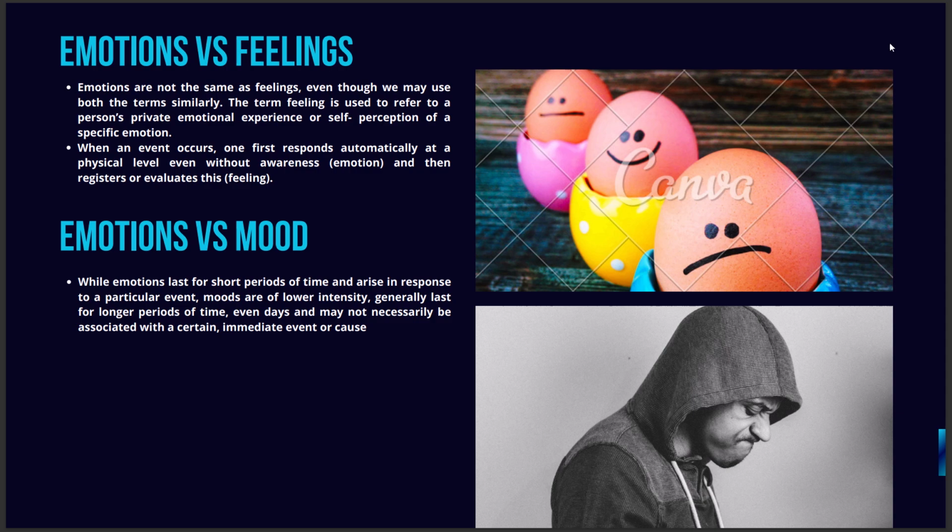When an event occurs at a physical level, like someone comes to slap us and we get angry, our first response will be emotion. We get angry and then register and evaluate that feeling. That is how emotion and feeling differ.